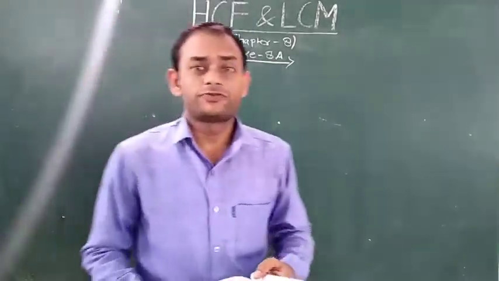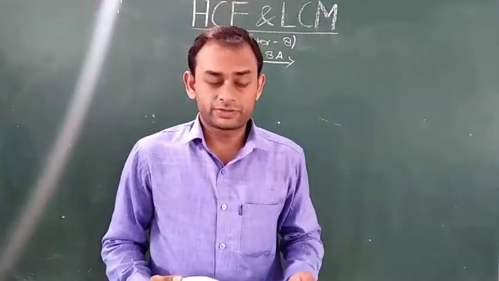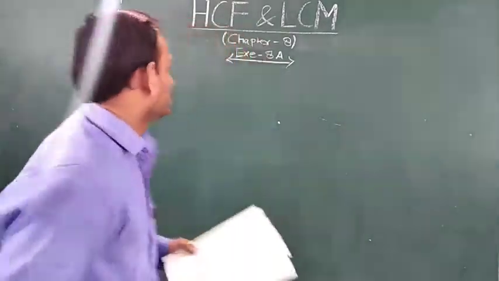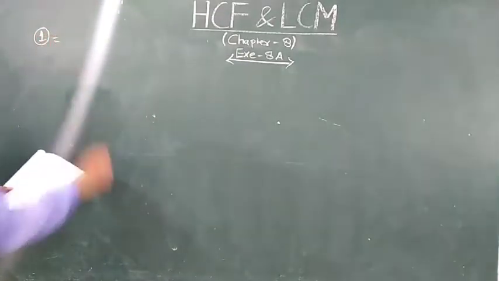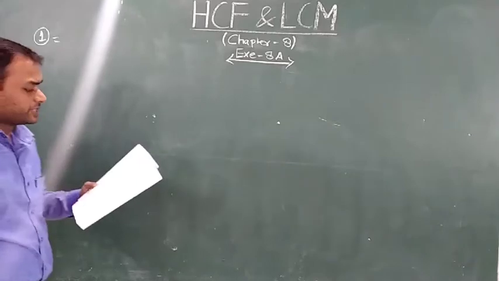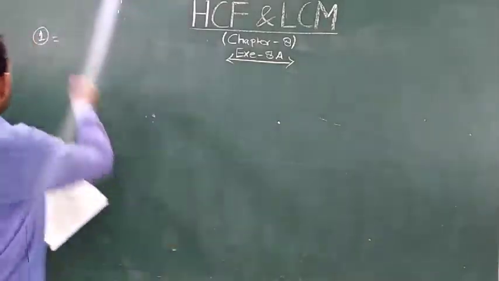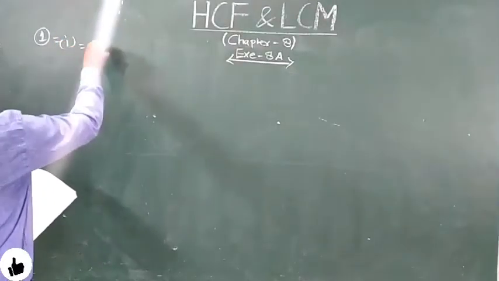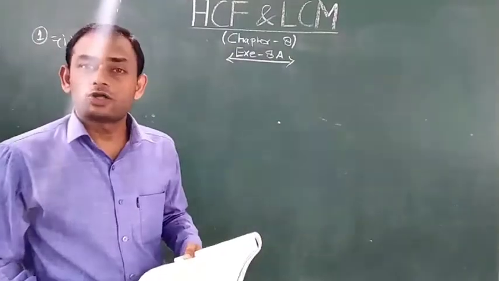The first question of this exercise is saying, write all the factors of the given numbers. This is part 1, which is 15, and you have to write all the factors.